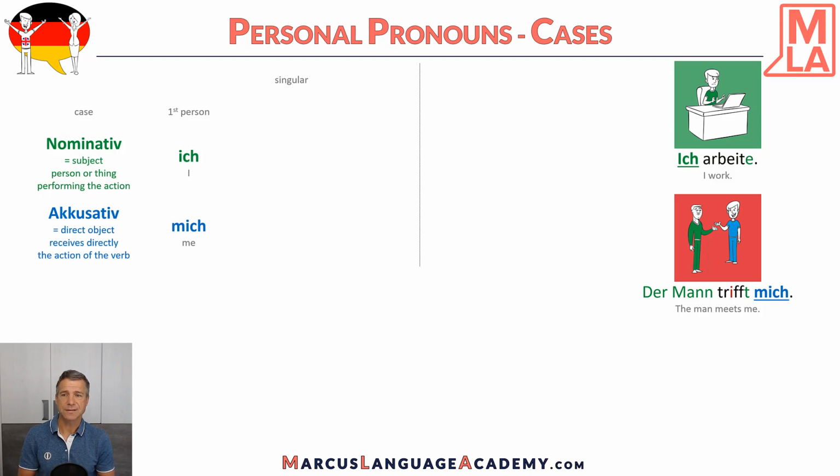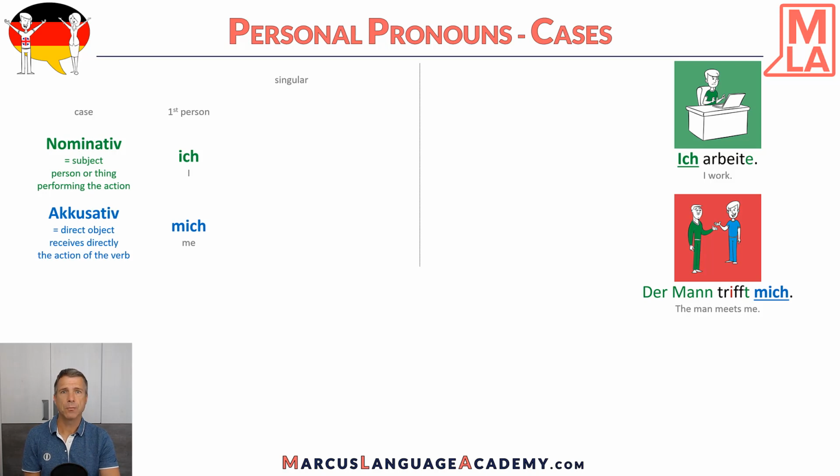In this case, mich, me, is the direct object because it's directly receiving the action of the verb treffen. Der Mann trifft mich. You have a red background color here because treffen in this case is irregular. And you see in the image the subject is green and accusative is blue.